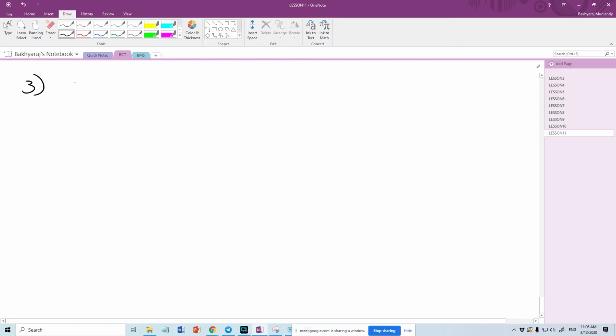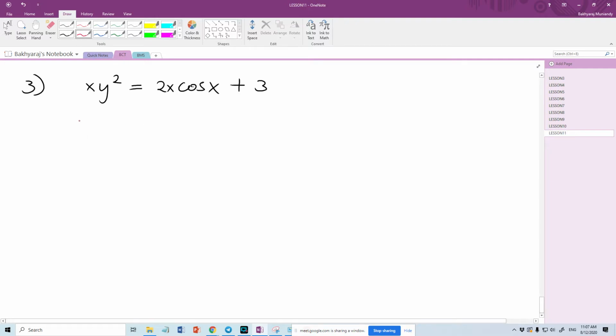So number 3, I give you, let's say, xy square plus equals to, okay, this time I give you 2x cos x plus 3, for example. Okay, so we try for this.